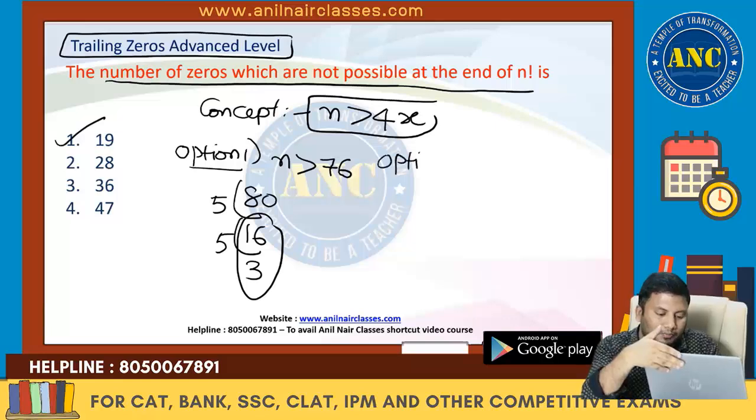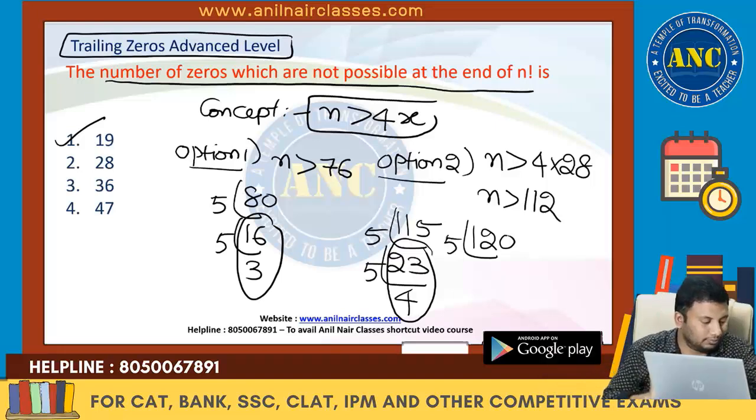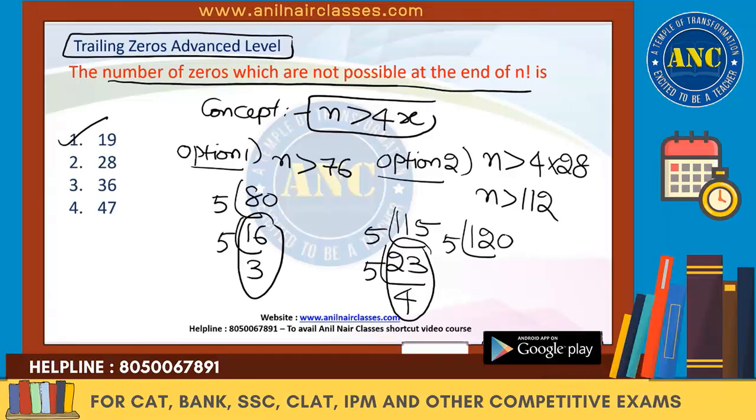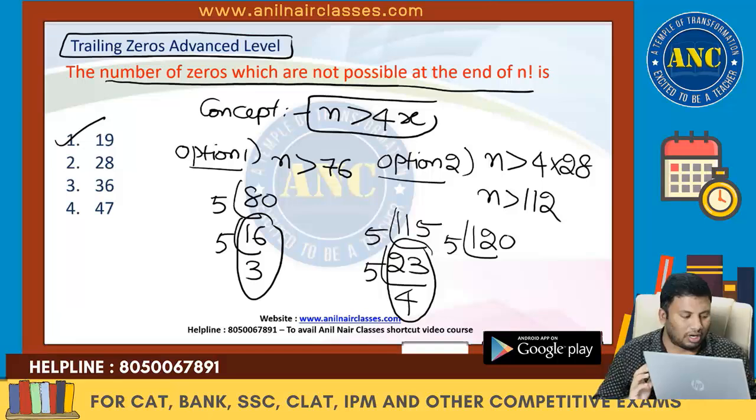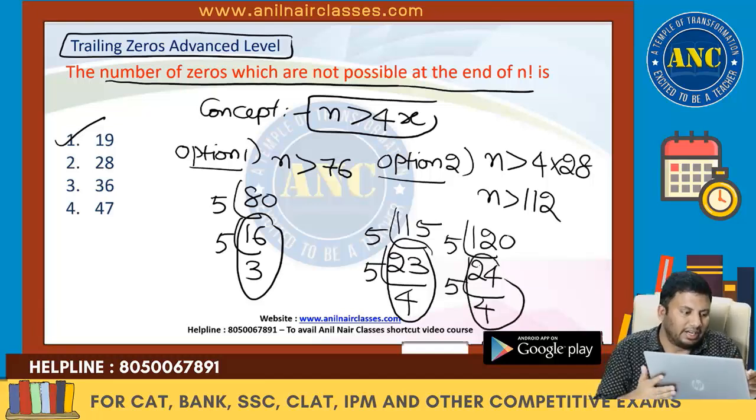Option number 2. 5 24s are, 5 4s are, 24 plus 4, 28. This is possible. Option 1 is possible. Option 2 is possible.